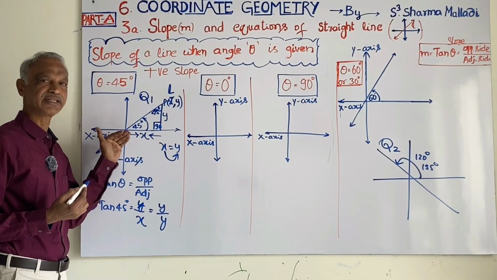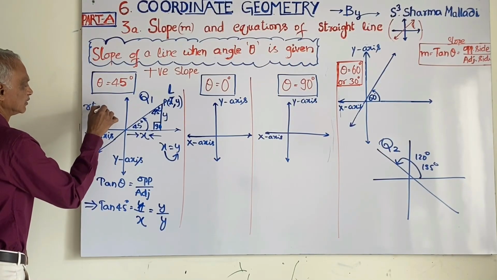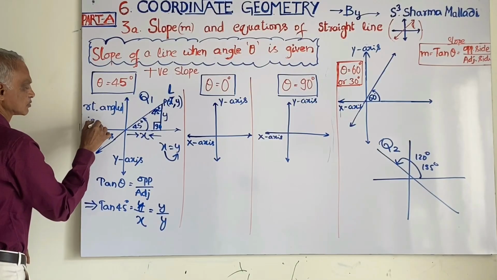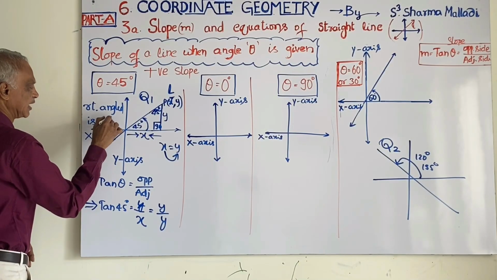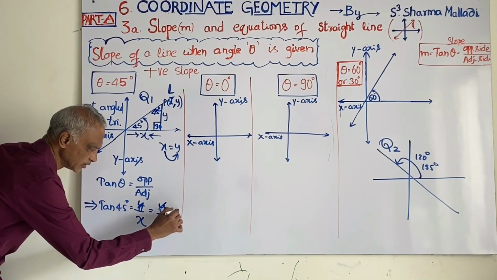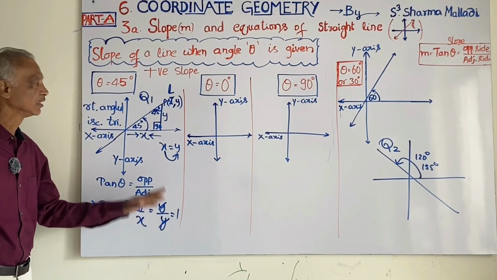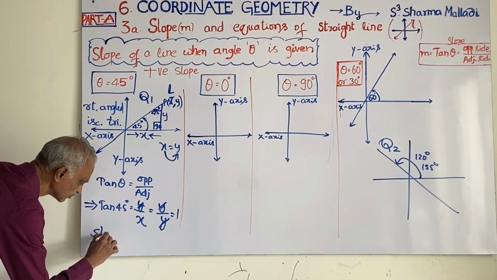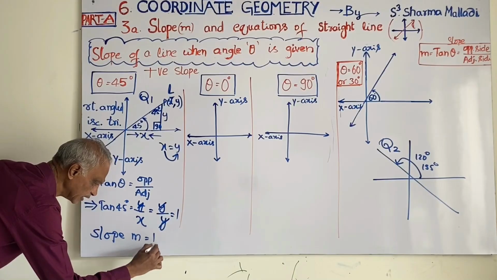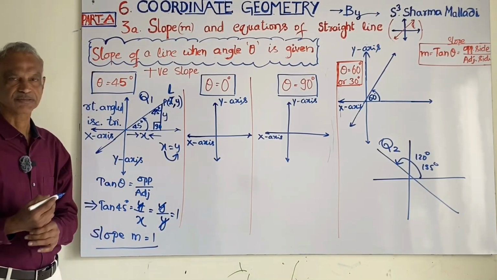This is a right angled isosceles triangle. Like that, y cancels. You will get tan 45 is equal to 1. The slope m is equal to 1 when theta is equal to 45 degrees.